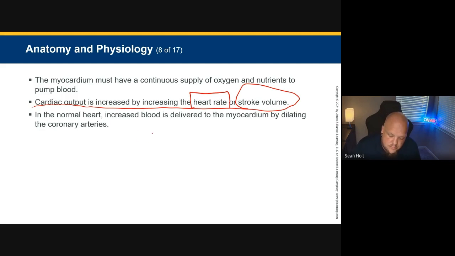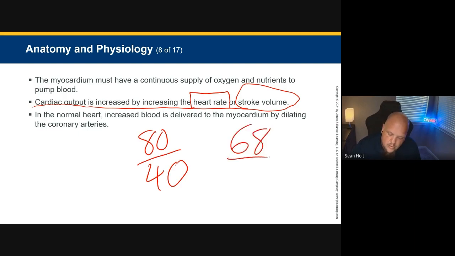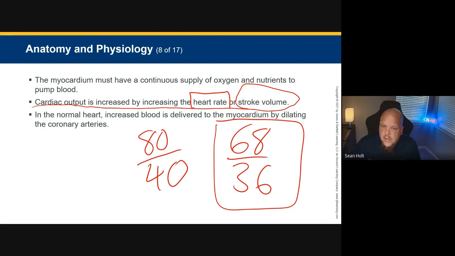But say we hit something like 80 over 40 or 68 over, I should say like 36. These are extremely low blood pressures, okay? Generally, anything under 80, something like 68 or low 70s for the systolic, right? Systolic over diastolic.